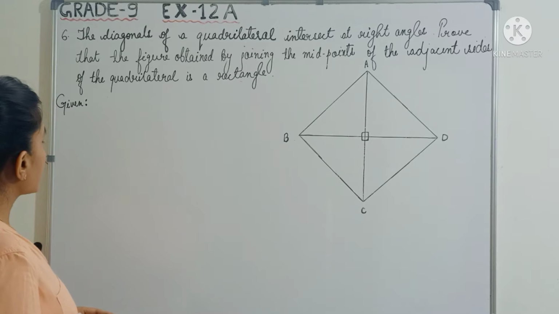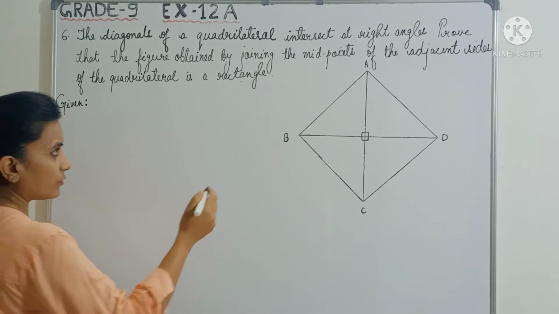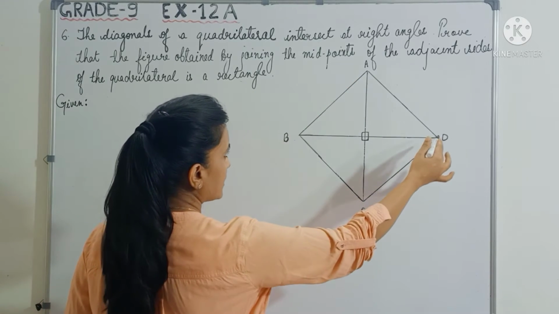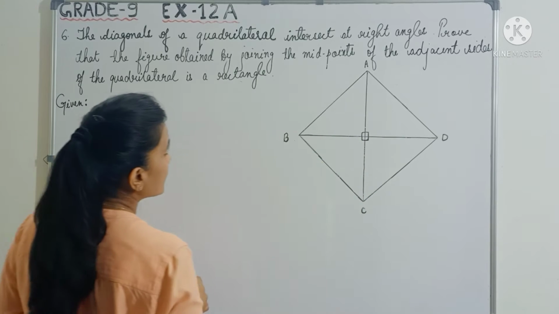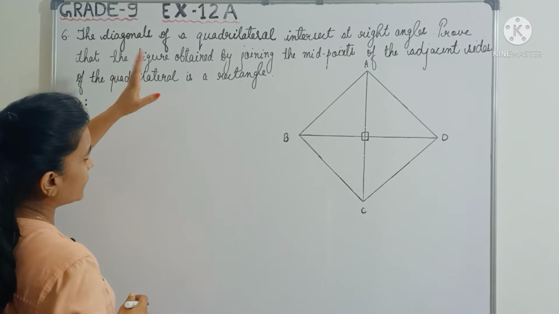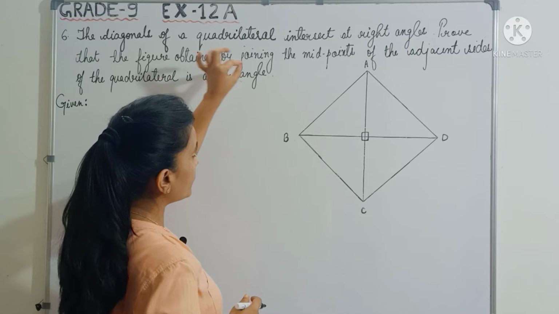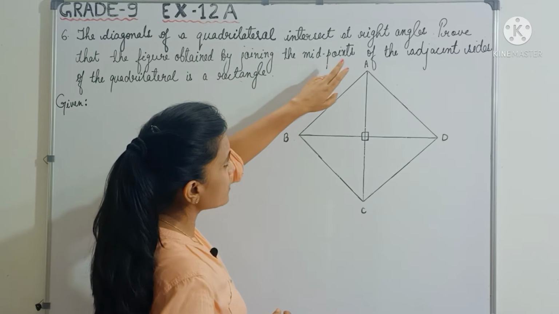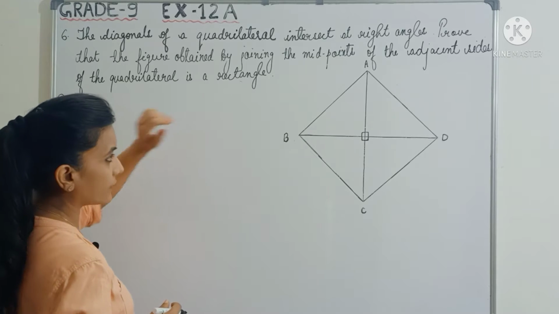The question says the diagonals of a quadrilateral intersect at right angles. So I have taken a quadrilateral ABCD and its diagonals intersect at 90 degrees. Now you have to prove that the figure obtained by joining the midpoints of the adjacent sides of the quadrilateral is a rectangle.